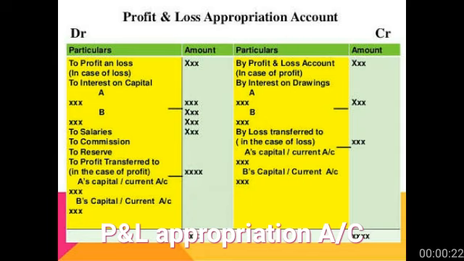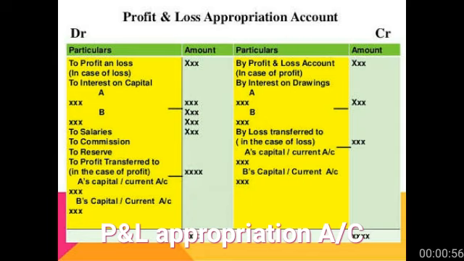This is the net loss that you have brought from profit and loss account, always recorded on the debit side. And all the items recorded on the debit side are generally expenses or losses of the business.